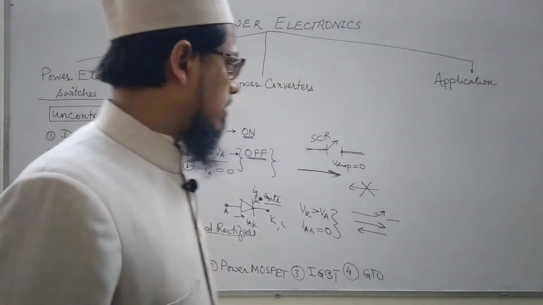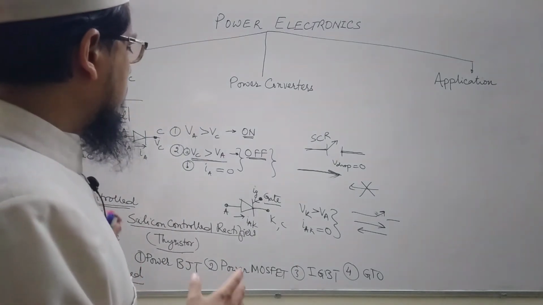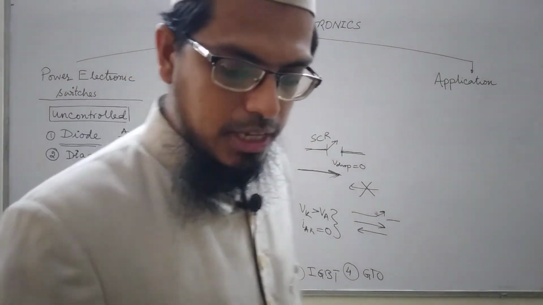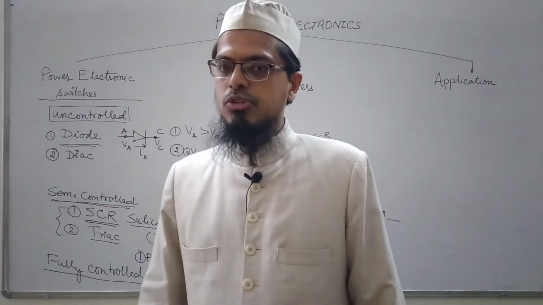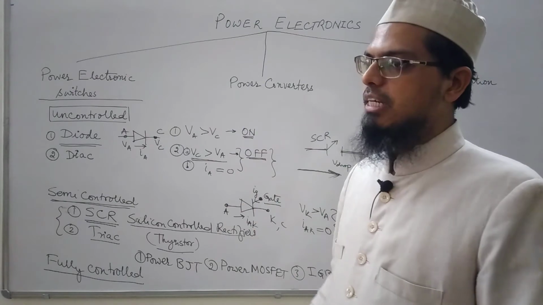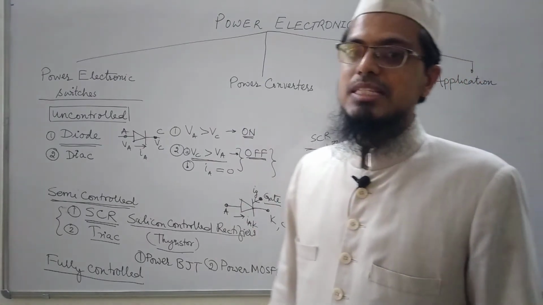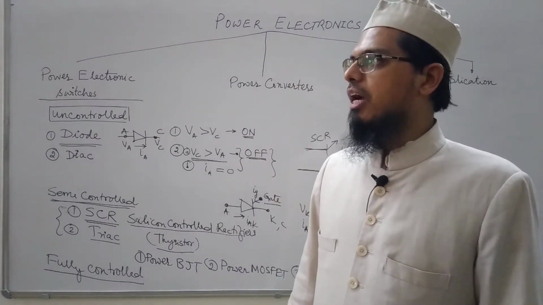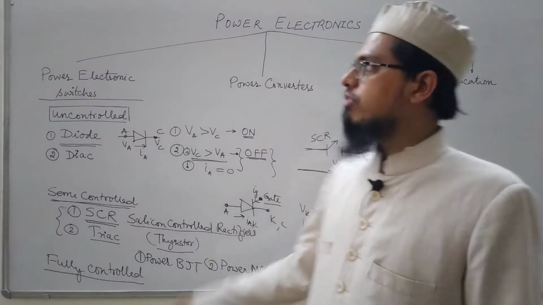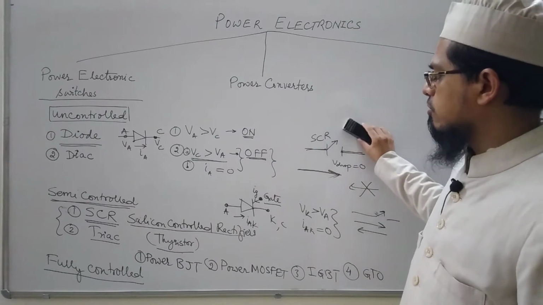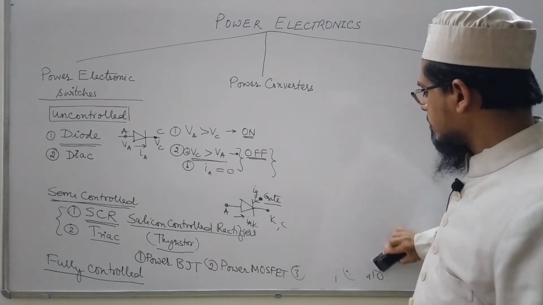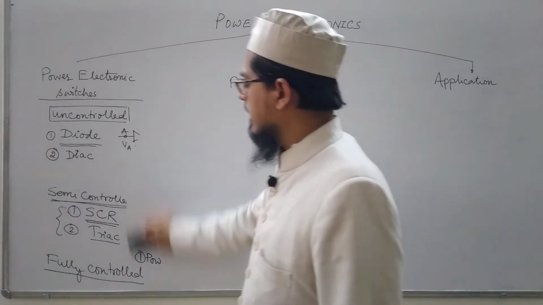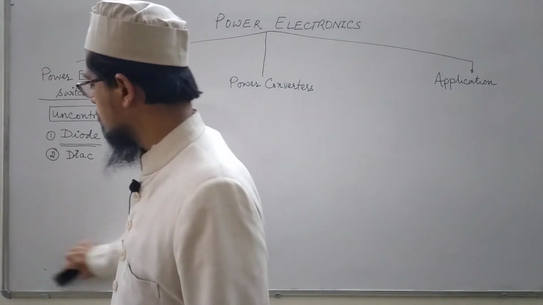So this was a brief introduction about the power electronic switches available to us, and these will be connected with passive circuit elements like inductor and capacitor, and they will form what we call power converters. So let us now look into the various power converters that we use.